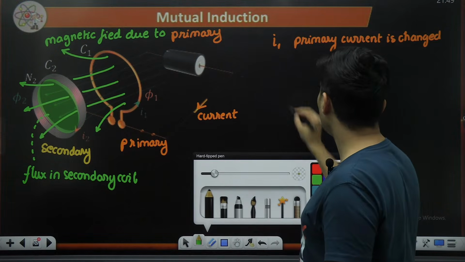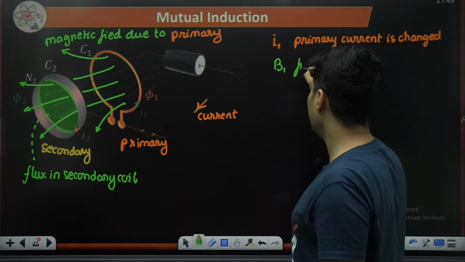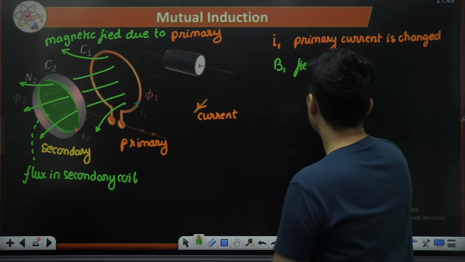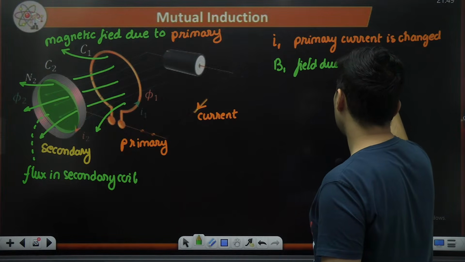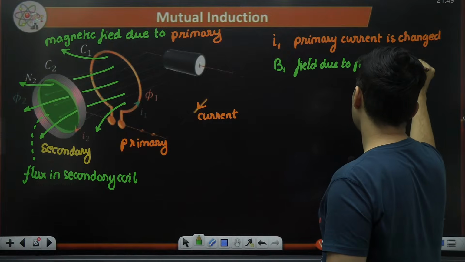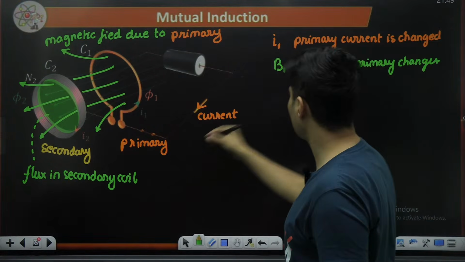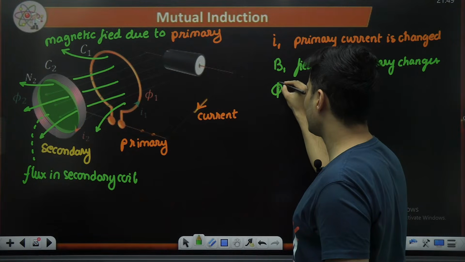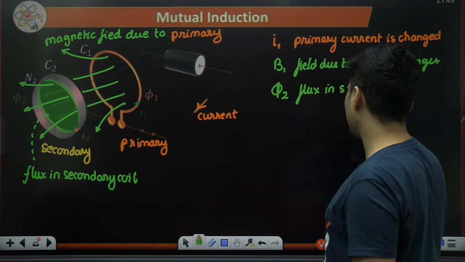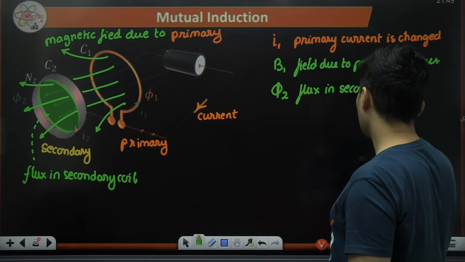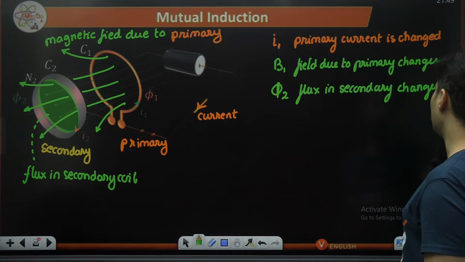The immediate effect will be the field due to the primary changes. Due to which the flux in the secondary coil will change. The flux in the secondary coil also will change.